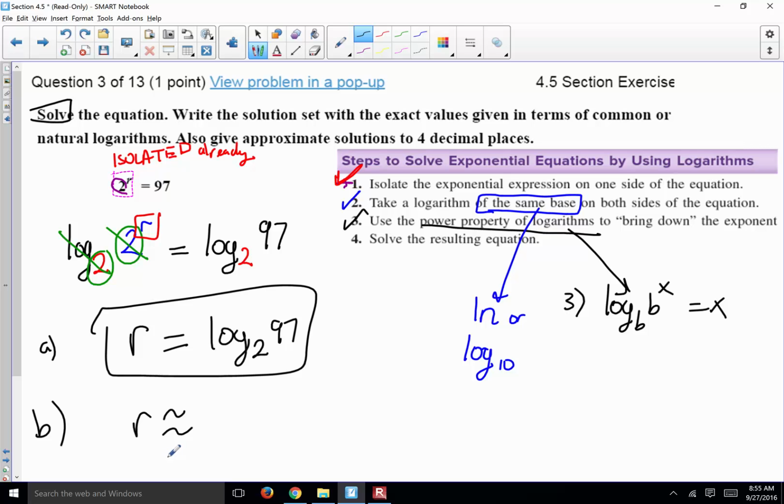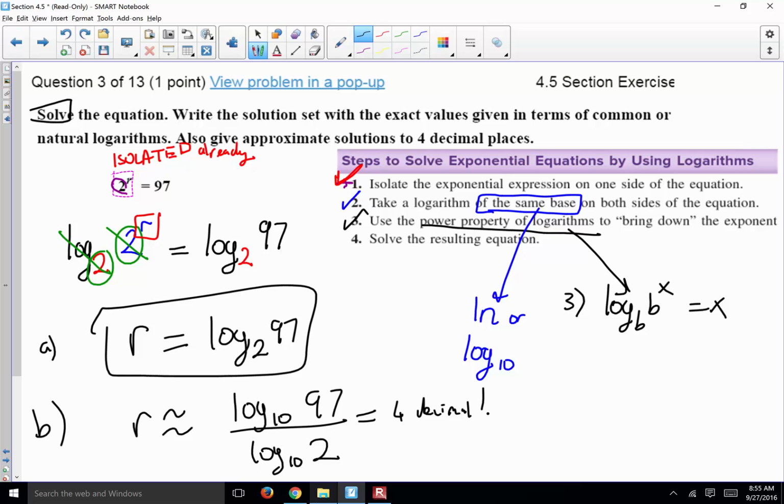Change of base. Change this into log base 10 of 97 over log base 10 of 2, and compute this up to 4 decimal places.